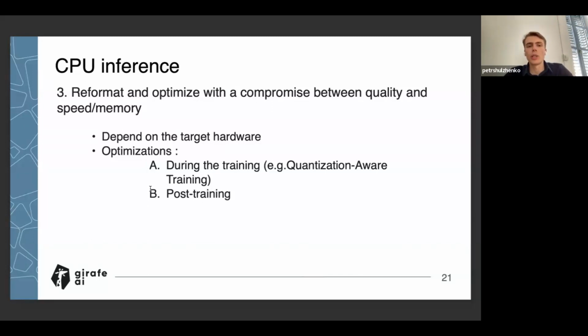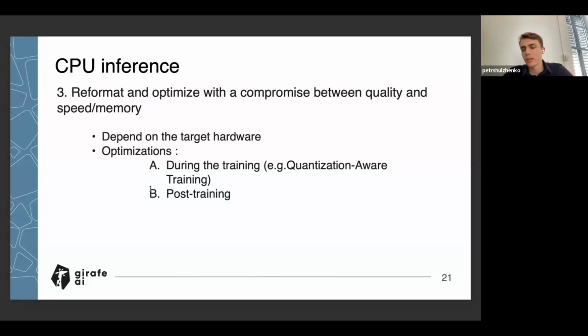And after that, optimizations can be mostly divided into two categories: optimizations that are performed during training and post-training. During training, they produce more accurate models, but it's harder to do this. It takes more time, takes more computational resources.